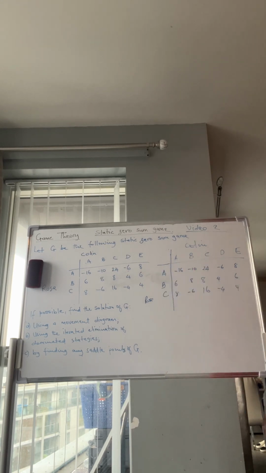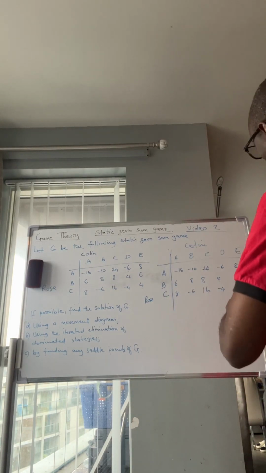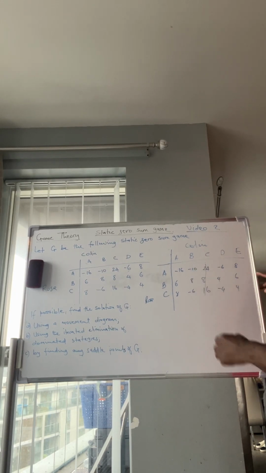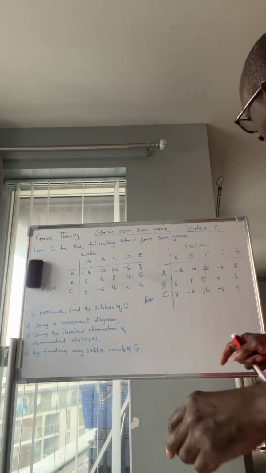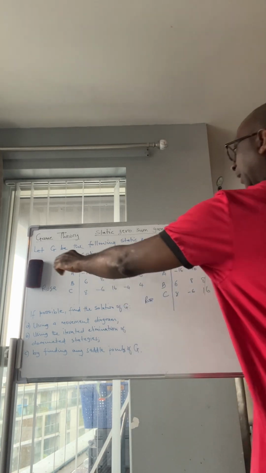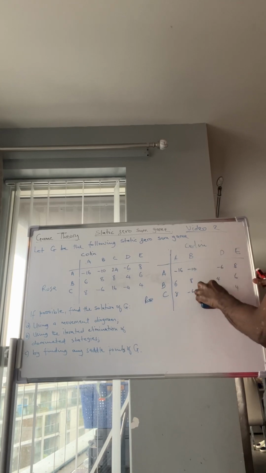So according to the dominated strategy we are using, we eliminate C because column C dominates column E. So we eliminate this one. That's our first iteration. C is gone. All the entries here are now gone.